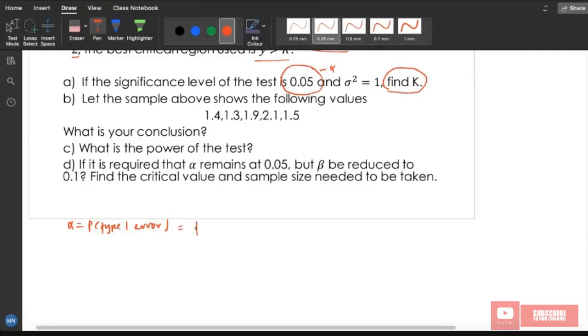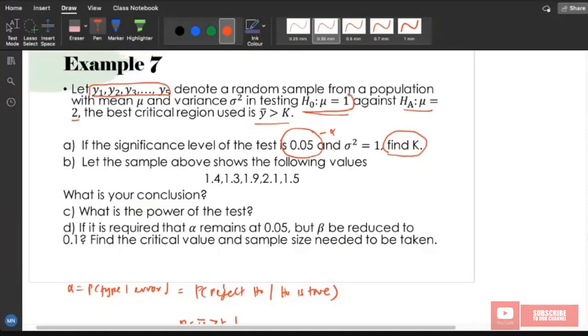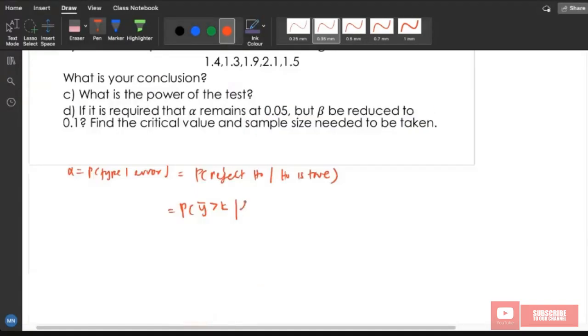Probability of type 1 error is probability of reject null hypothesis when null hypothesis is true, right? So rejecting the null hypothesis is probability of y bar more than k, and the null hypothesis is true, so mu is equal to 1. So this is equal to 0.05. So this is our alpha, right?